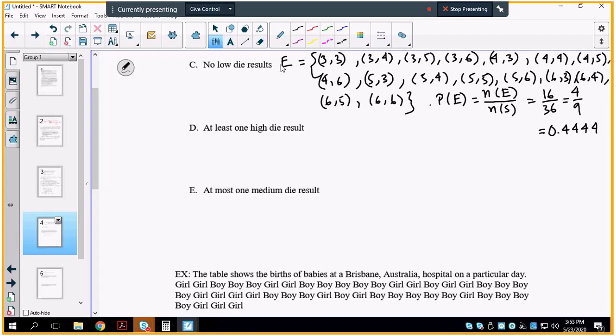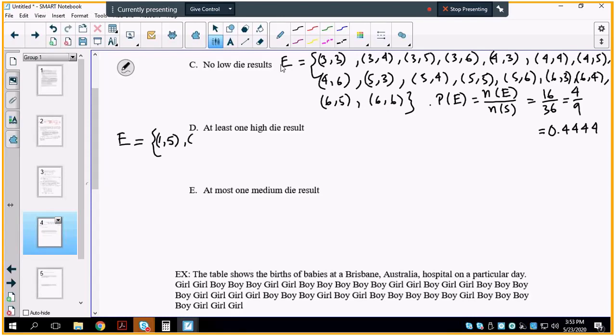At least one high die result. Now this is where we have to be a little careful. At least one high die means one can be a high die or both of them can be high dice. So let's write down what we have. I can have 1,5 because I want at least one of them.